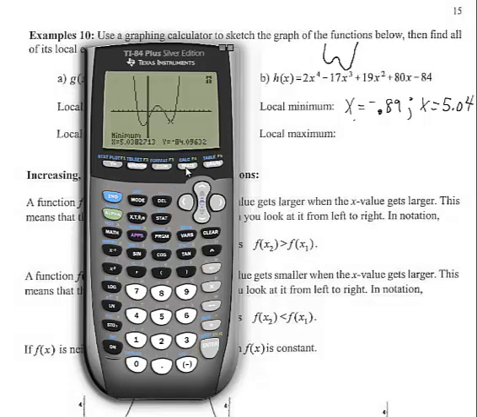And finally, I will find my maximum, or local max, more specifically. Enter, right bound, enter, and enter for a third time to read the coordinates. X equals 2.22.